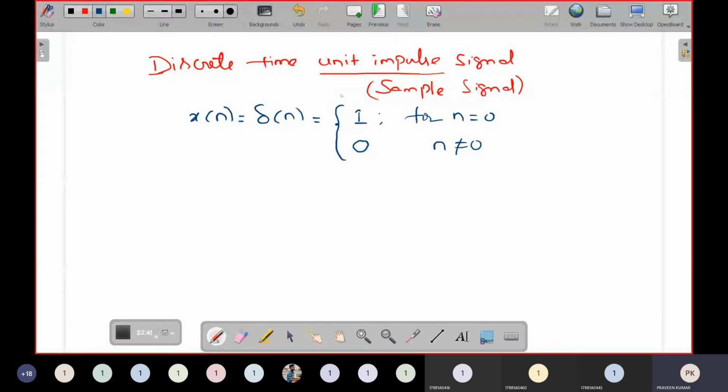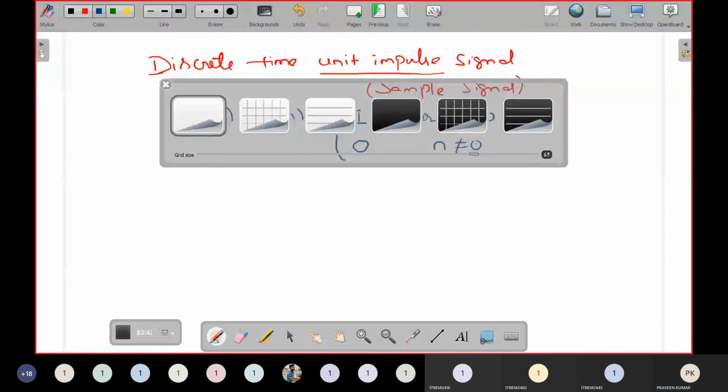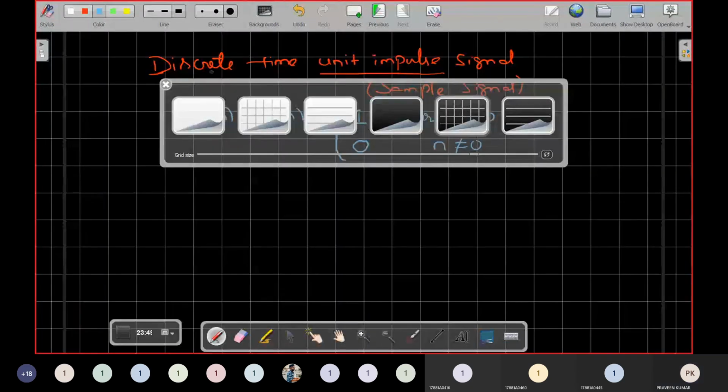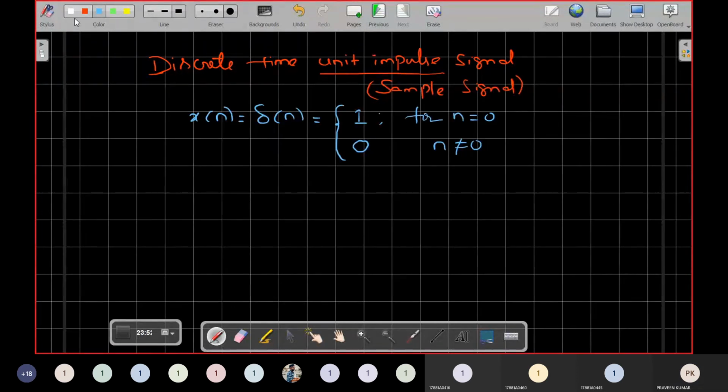Can you represent the signal graphically? This is your time n and amplitude is your impulse signal delta of n.